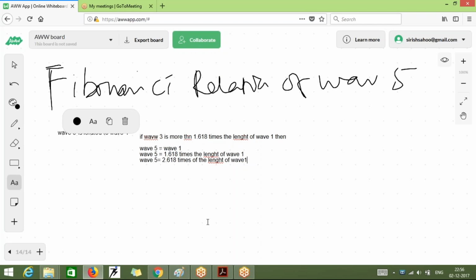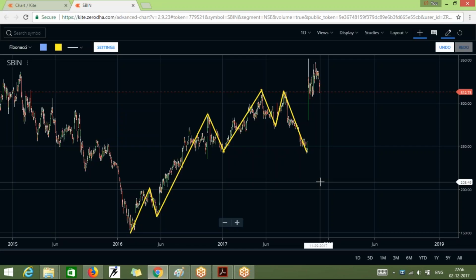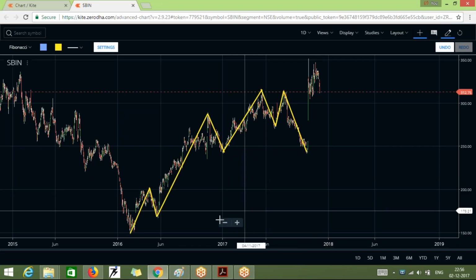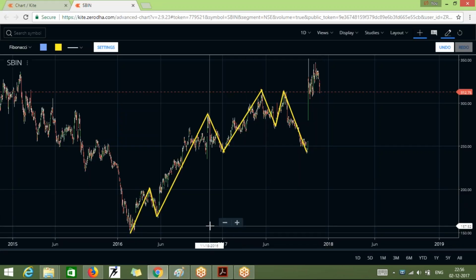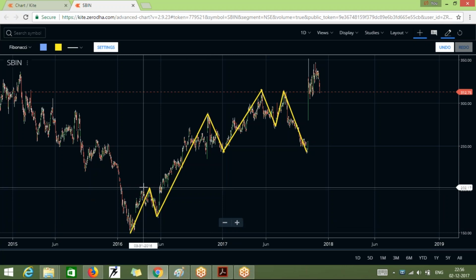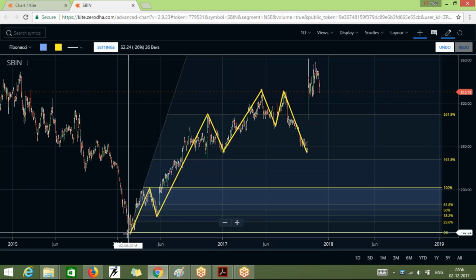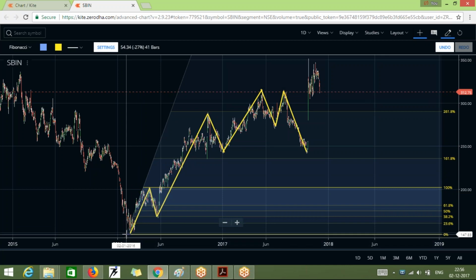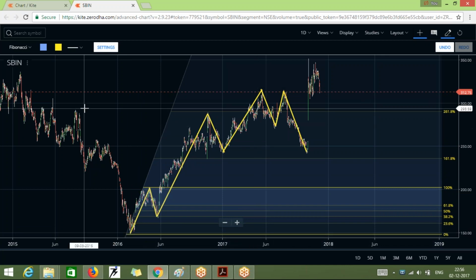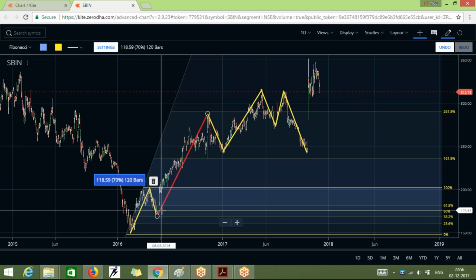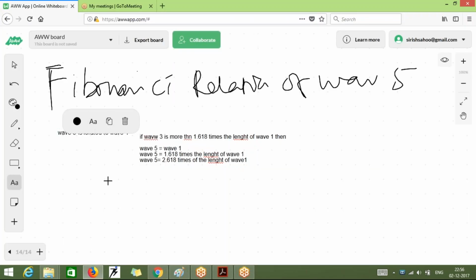So let's come to the chart and we'll have a clear picture. Here it's related to wave 1, we are seeing. If starting from here we draw to this label, the first thing we get is wave 3, which it is suggesting here. I have written wave 3 is more than 1.61 times the length of wave 1.